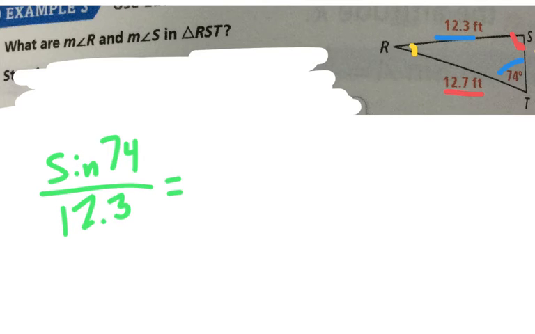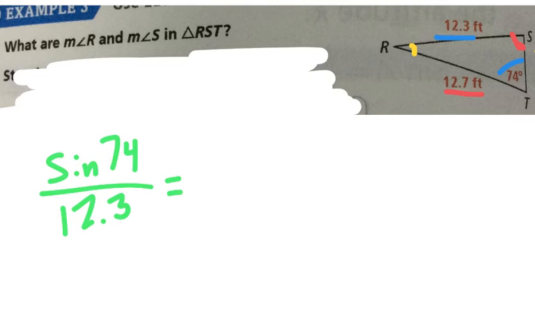So I'm going to have sine of the angle, which is 74 degrees, divided by the side opposite, which is 12.3. Now we talked about this. I can only have one unknown. So if I try to find angle R first, I don't know angle R, and I don't know the side opposite R. So that's a bad place to start.